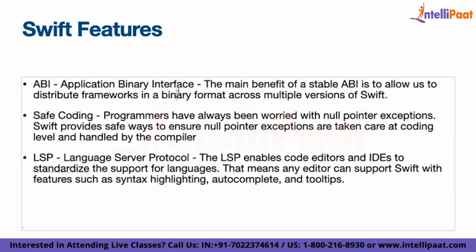Okay. And the third thing is LSP. LSP is Language Service Protocol. Basically, what it says is you can use Swift for background applications, for server applications, for Mac. It is a universal language for all, and it provides you syntax highlighting, autocomplete, and it gives you tooltips.